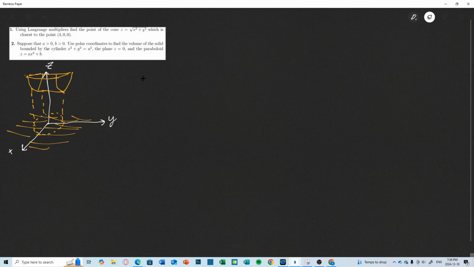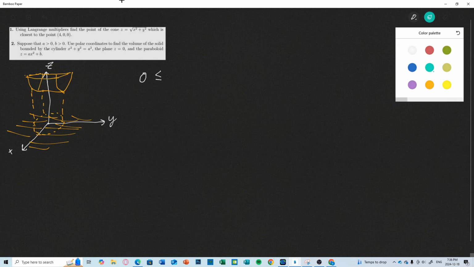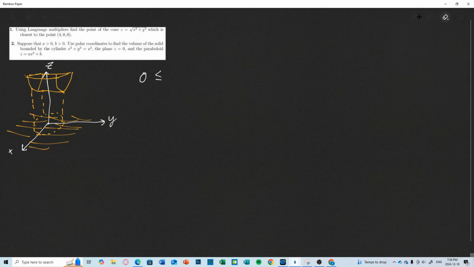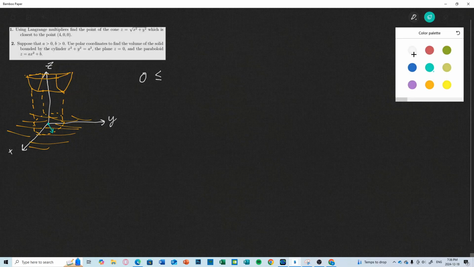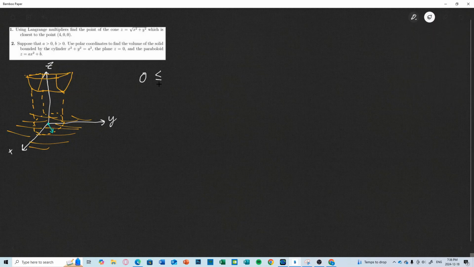So our r is going to go from 0, which is our inner point, to the radius, or the outside of the cylinder, which is a. So r is going to go from 0 to a.